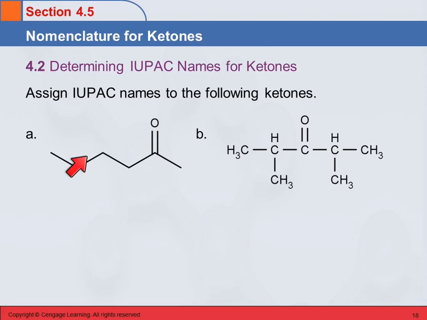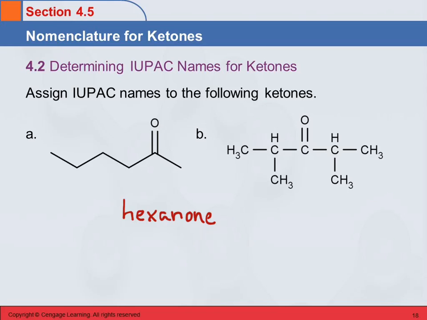So this one is a line angle drawing. So we've got 1, 2, 3, 4, 5, 6 carbons. It's a nice straight chain there. 6 is hexane. So this is a ketone. This is hexanone.